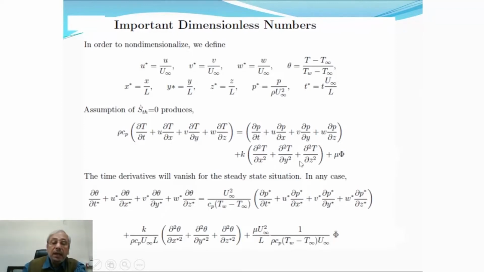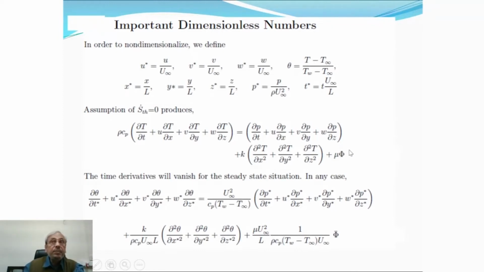Similarly, here, if we do the same exercise, we will get K Tw minus T infinity divided by L square outside, and inside we will get del 2 theta del x2, del 2 theta del y2, del 2 theta del z2.